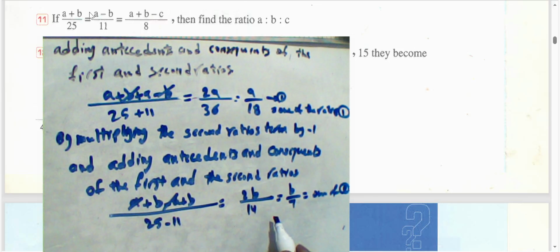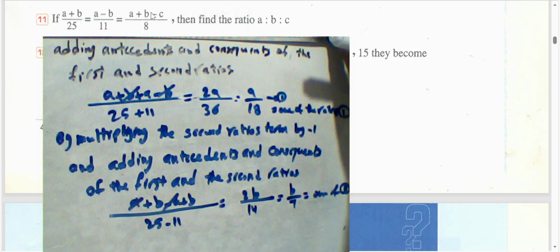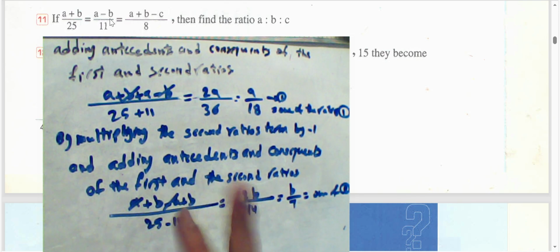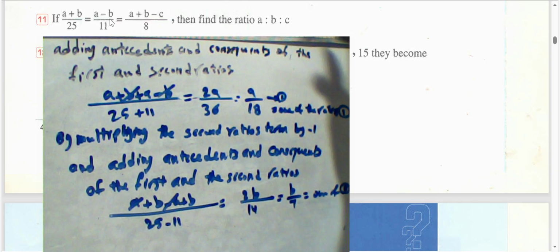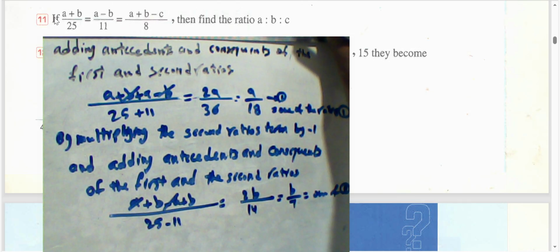Who can tell me? We multiply the third by -1, and then add the consequent and antecedent of the first and third. Okay, use first and third. Multiply the third by negative and add it to the first, because we have -a and -b plus a and b would be 0. Then we have c.